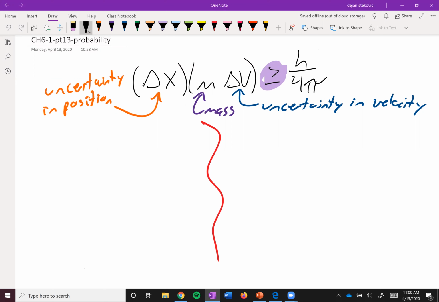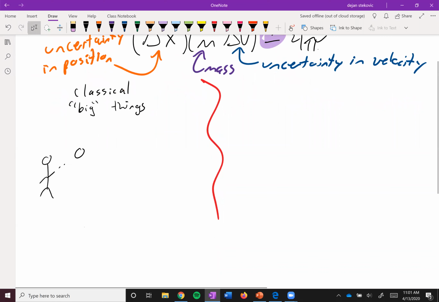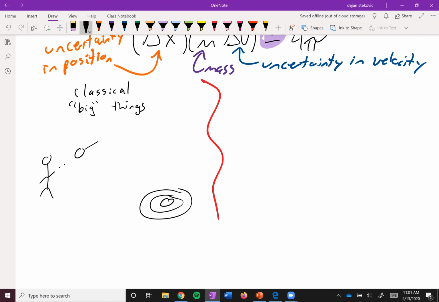So let's think in terms of classical mechanics. We're talking about big things. Let's say I have this dude, and he threw this baseball. What we're trying to do is predict where this baseball is going to hit, a little target on the floor.